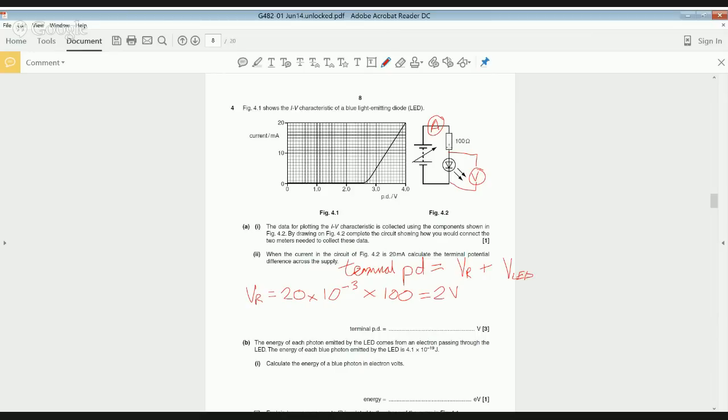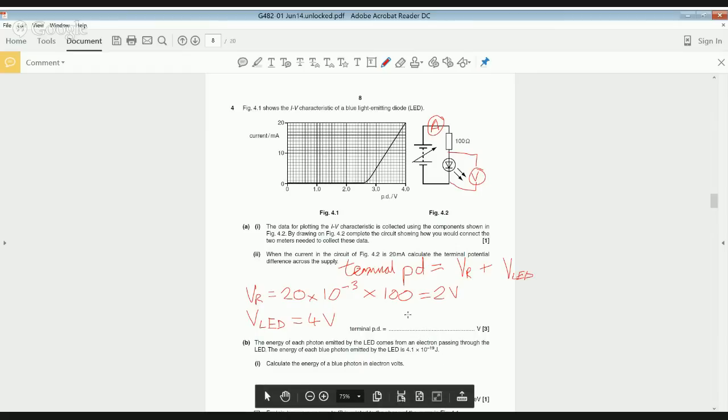That's not all that we need, though. We also need the potential difference across the LED, and for that we can read off the graph. So we can look here at 20 milliamps, read across, and it's this corner here, read down is 4 volts. So V LED equals 4 volts.